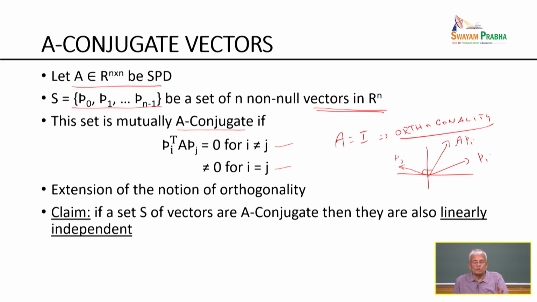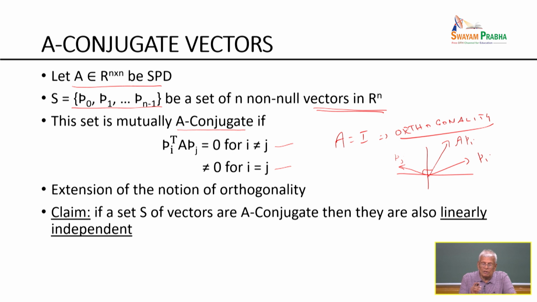And that holds good for every pair of vectors. So, for i not equal to j, p_i transpose A p_j is 0. If i is equal to j, p_i transpose A p_i is not 0. So, this is the extension of the notion of orthogonality.